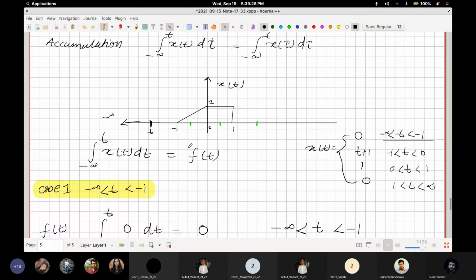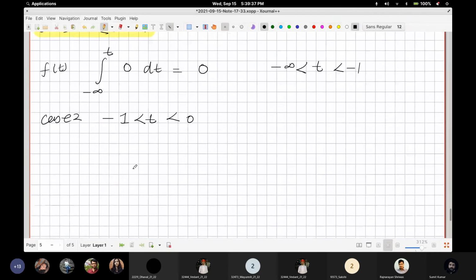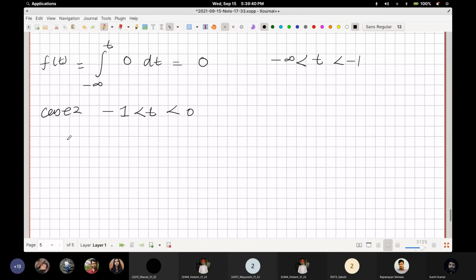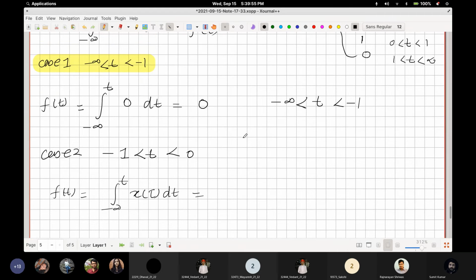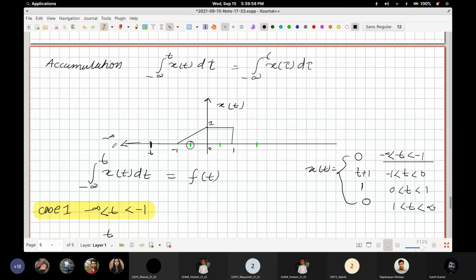So t is somewhere here, between minus 1 and 0, and what you are calculating is f of t, and f of t is defined as the integral from minus infinity to t of x of t dt. So you can see that between minus infinity to t, and t is between minus 1 and 0, from where to where are you integrating? From minus infinity up to here, up to t. Okay, are you getting my point? So between minus infinity and t, what is the value of x of t?